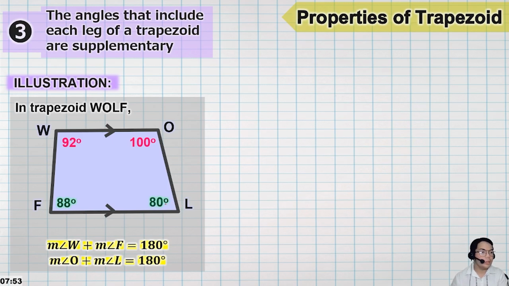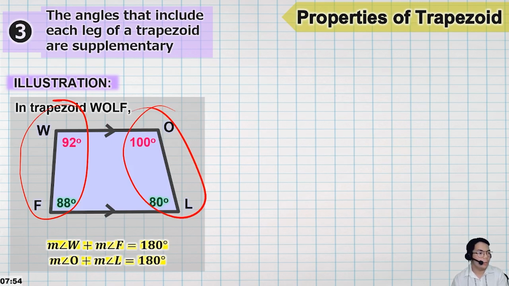Yan, kung mapapansin nyo, hindi yan consecutive angles are supplementary kasi ito nga, pag inadd mo yung 92 kay 100, consecutive yan eh. Pero hindi sila supplementary. They will be having a sum of 192. Yan, specific lang tong property na to para sa dalawang pairs ng angles that are included by each leg. Kumbaga itong dalawa, yan ang supplementary. Itong dalawa, yan ang supplementary.